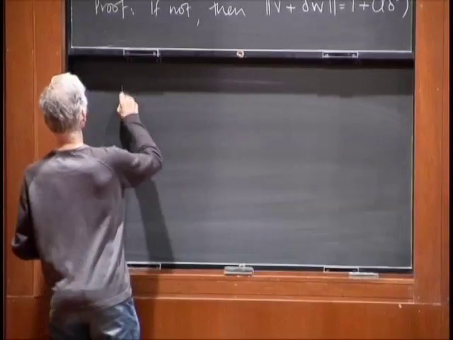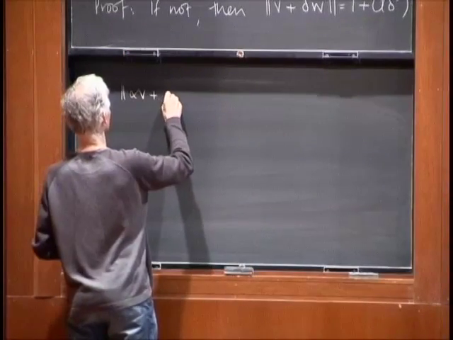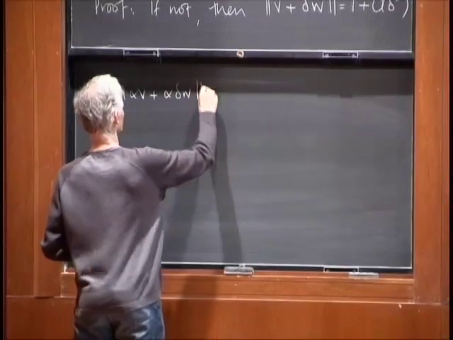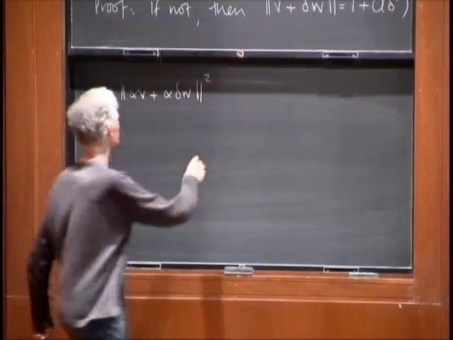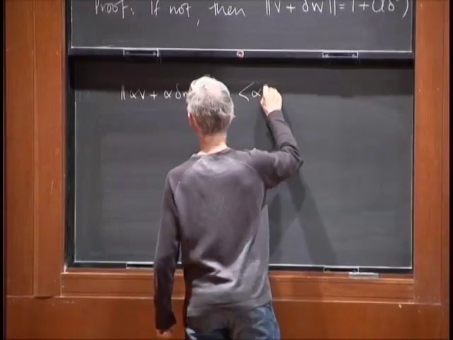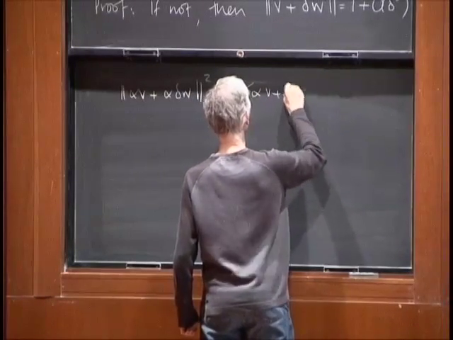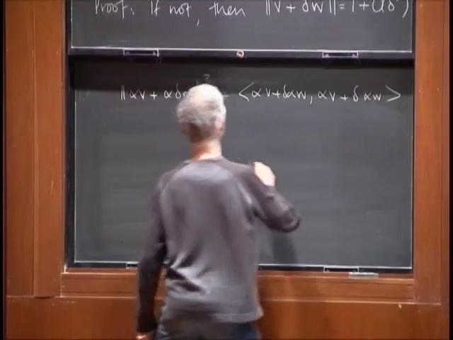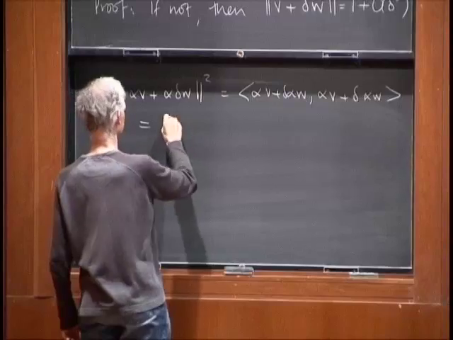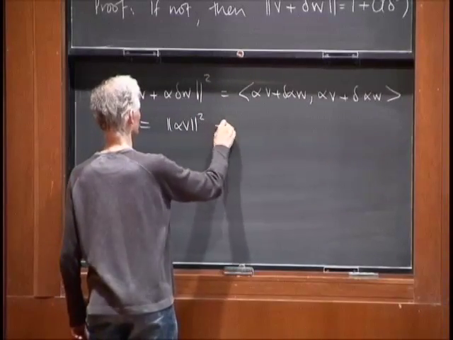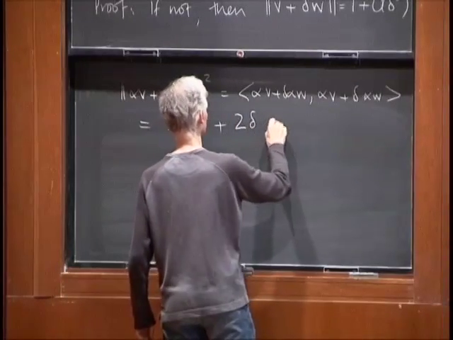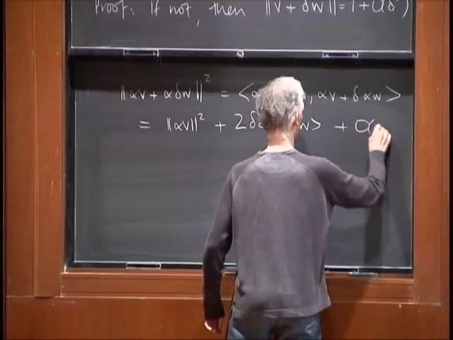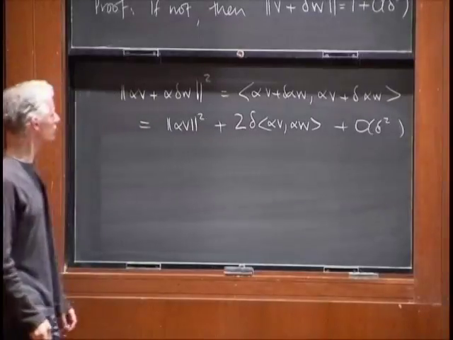Whereas the squared norm of alpha v plus delta alpha w equals the squared norm of alpha v, plus 2 delta times the inner product of alpha v and alpha w, plus little o of delta squared.